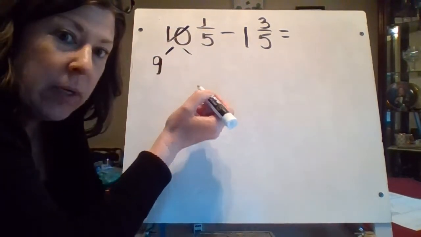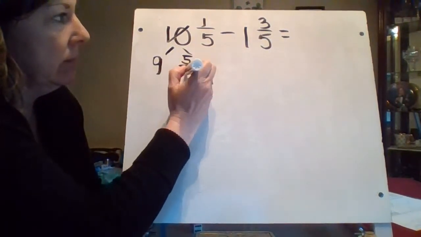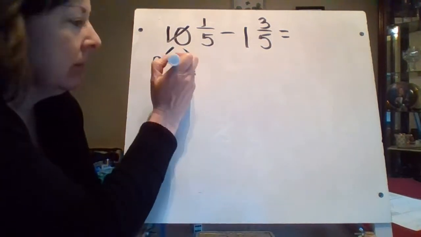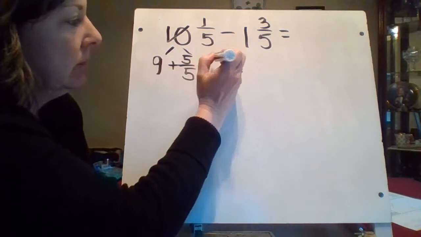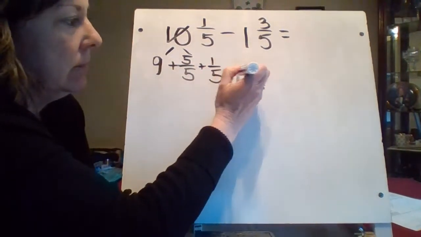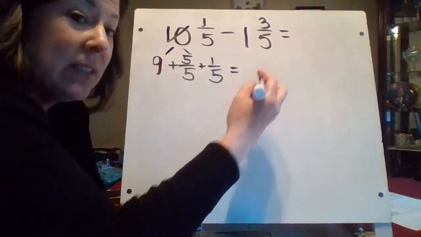That 10 is going to become a 9 and 5/5. But I still have the 1/5, which gives me 9 and 6/5.